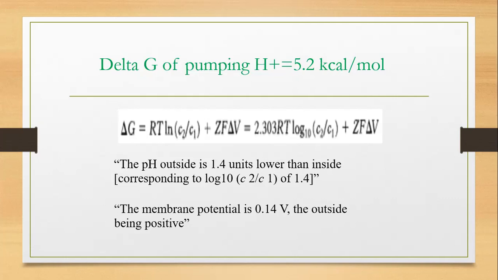So yung kanina, di ba, E is equals to E naught minus 0.0592 times the pH. So yung 0.0592, i-multiply niyo sa 1.4 units.